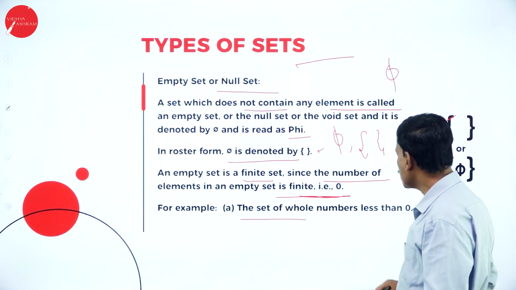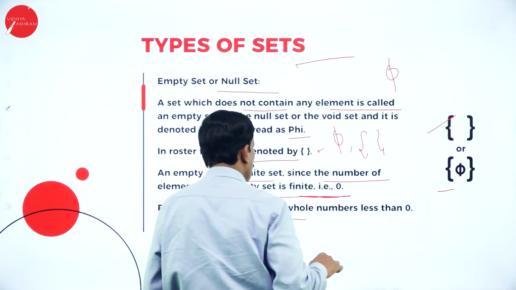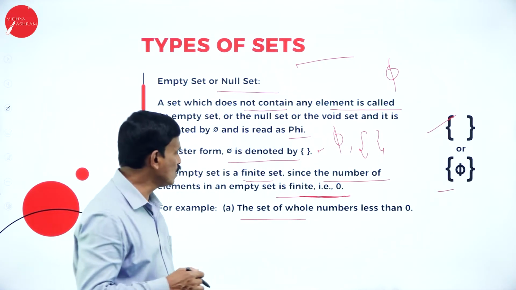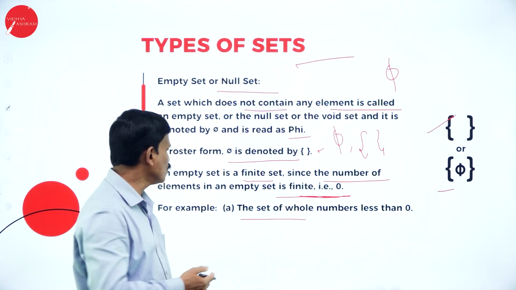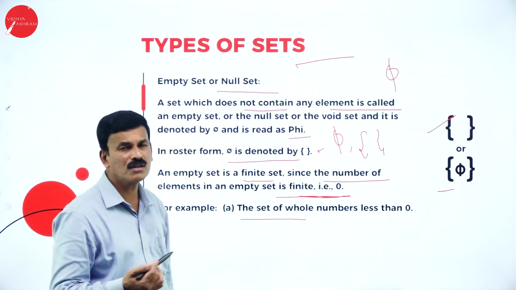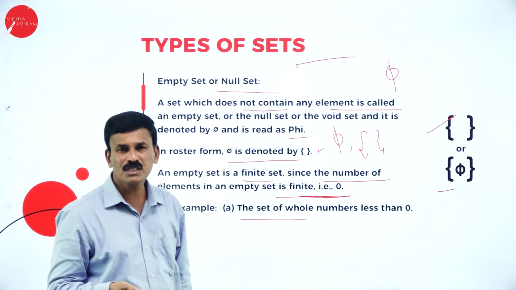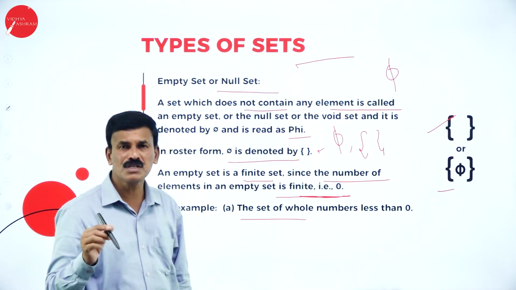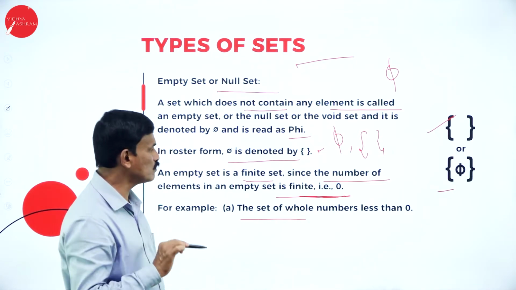For example, the set of whole numbers less than 0 is an example of a null set or an empty set.